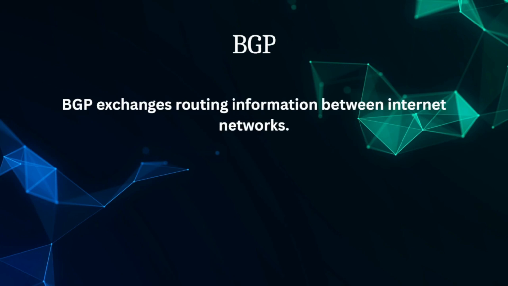BGP, the protocol used to exchange routing information between different networks on the internet. BGP is crucial for making the internet function as it ensures that data can find the best path to its destination across various autonomous systems.